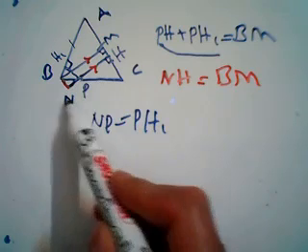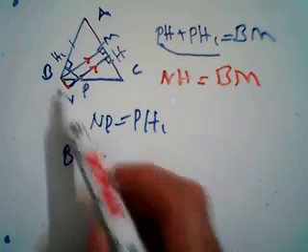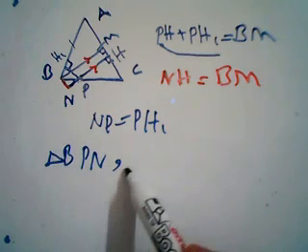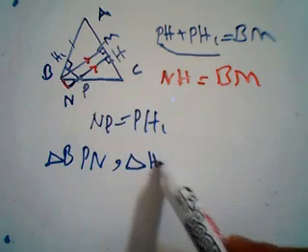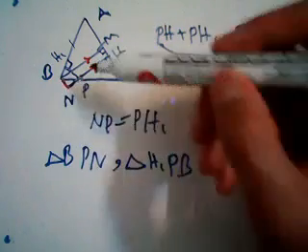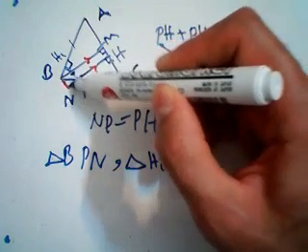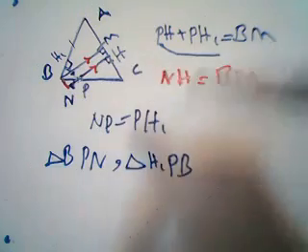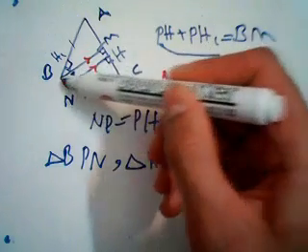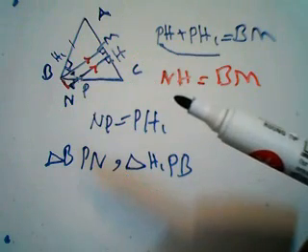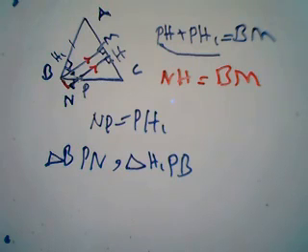And in triangle BPN and triangle H1PB, first we have two equal sides, this and this. Okay, and we have a common side, this.